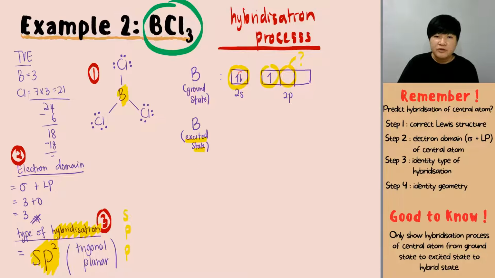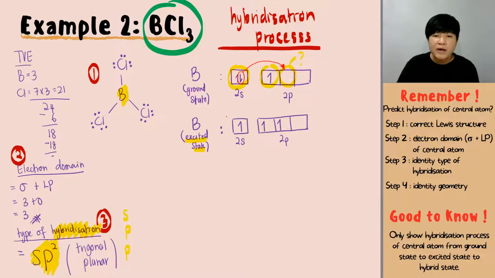As before, we are going to excite one of the electrons into the higher energy orbital, 2p. So for the excited state of boron, it will look something like this. Your 2s will only be left with 1 electron, and then your 2p will have an extra electron placed into the 2p orbital, the original 1 electron and then the extra 1 electron.